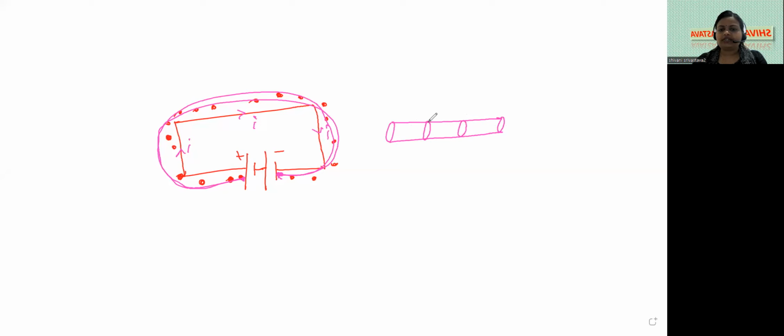Electrons start moving from this position to this position. So we'll consider they have traveled this much distance, because it is a very short distance, we can consider it as dt, and electrons are moving from here to here in this area.